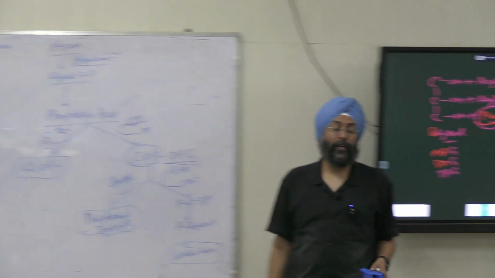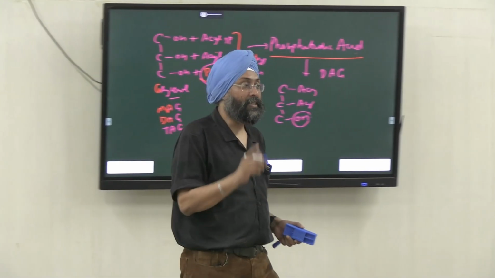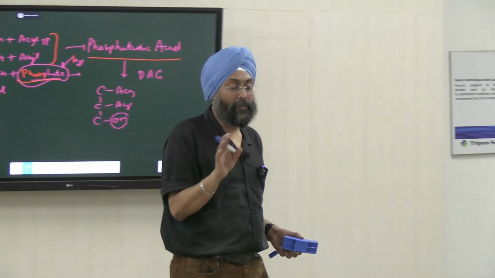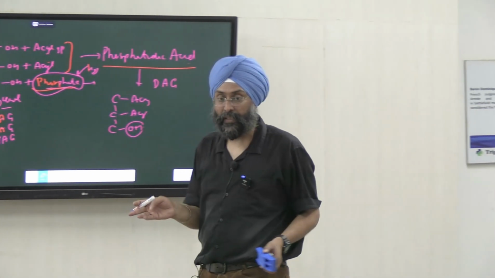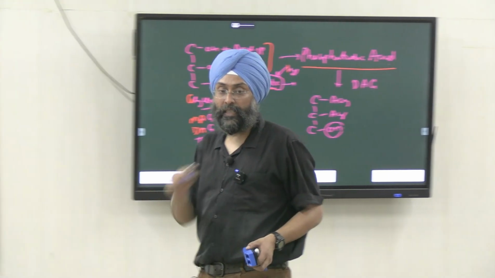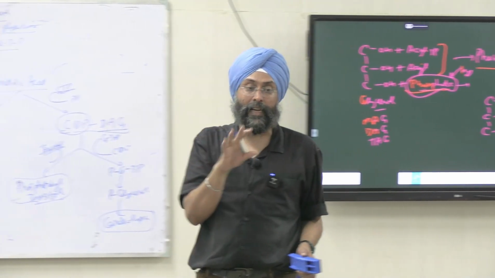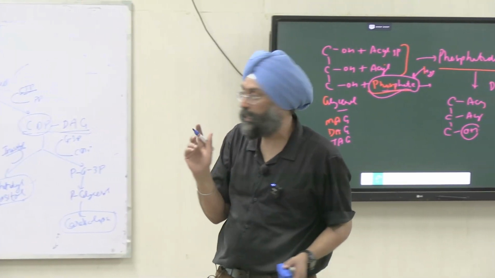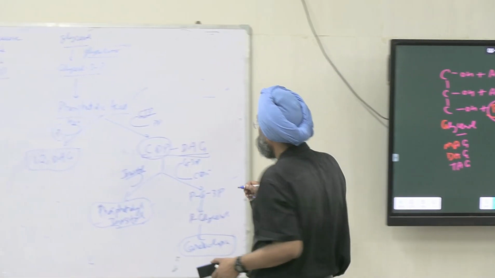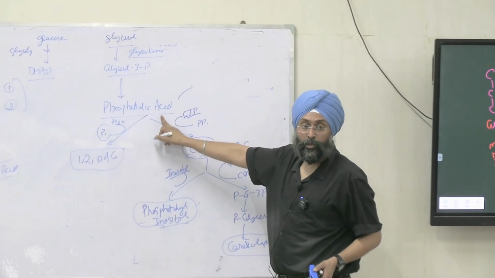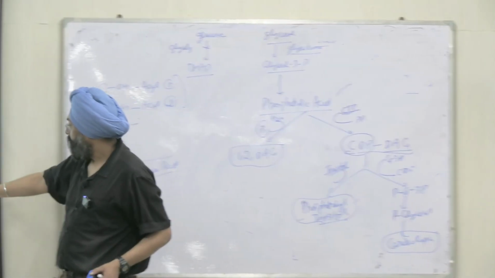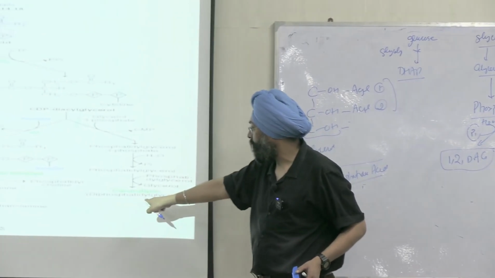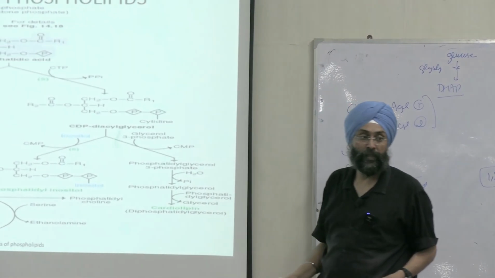What are the functions of cardiolipin? It was first isolated from heart muscle, so the name is cardiolipin, and it has antigenic properties. Another function: it is involved in mitochondrial membrane permeability and has a role in mitochondria as well, right? So when 2 phosphatidic acids are attached to glycerol, we get cardiolipin, diphosphatidyl glycerol.